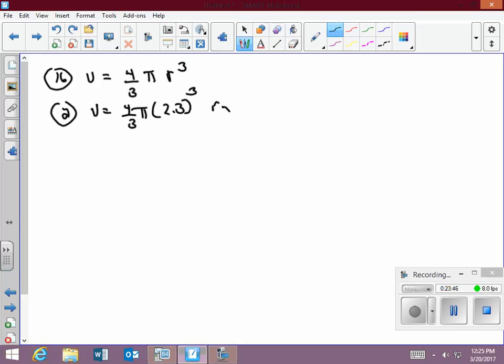Well, there's nothing that will reduce with it. It's a calculator problem. Now just go 4 times pi times 2.3 cubed divided by 3.